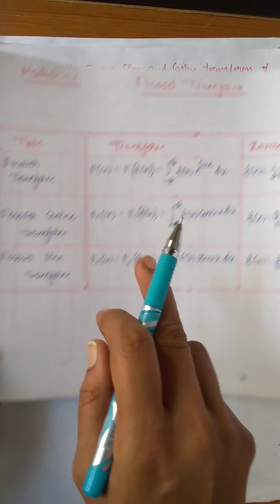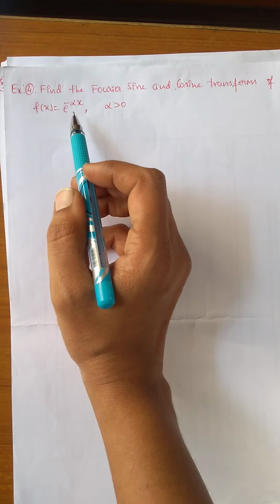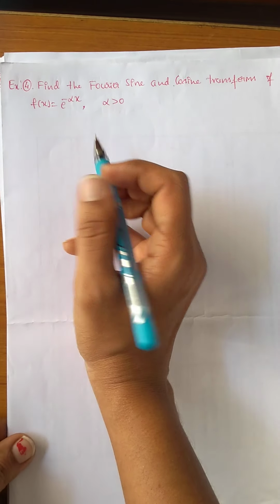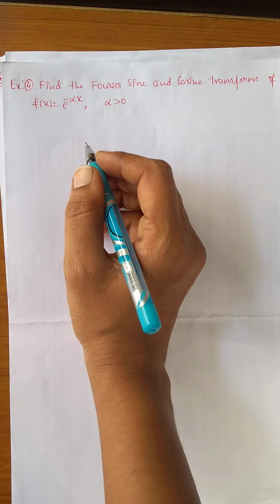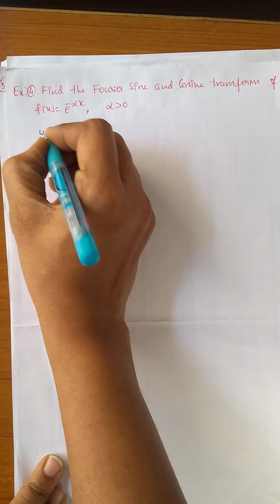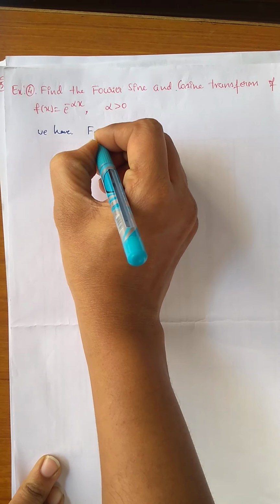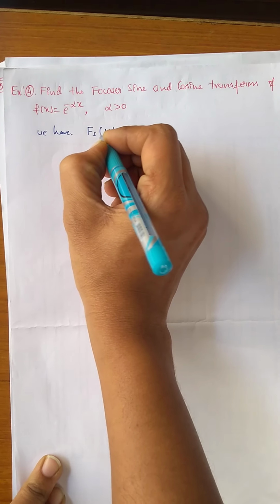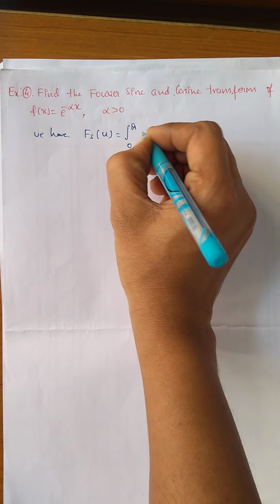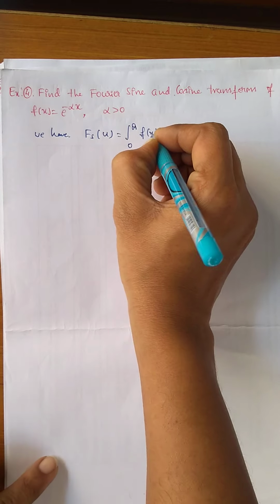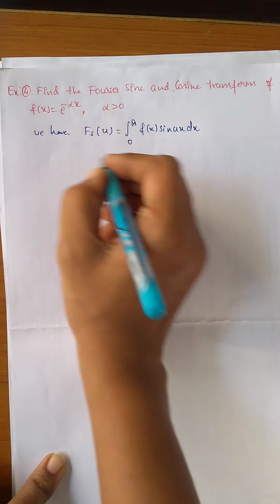Using these two formulas, I am going to find the Fourier cosine and sine transform of e to the power of minus alpha x. First, I am going to find the Fourier sine transform. The Fourier sine transform, represented by Fs of u, is equal to the integration from 0 to infinity of f of x sin ux dx. That is the formula.